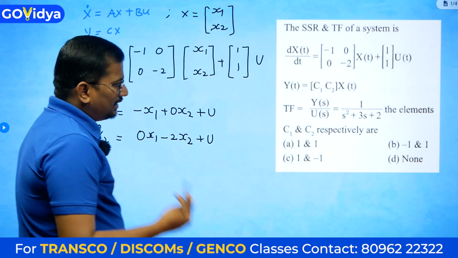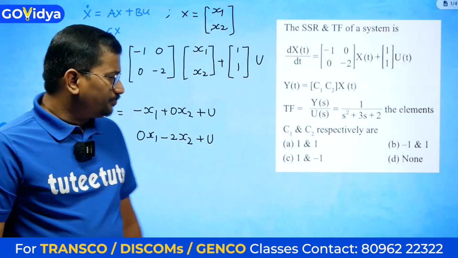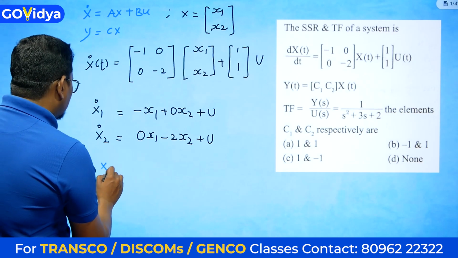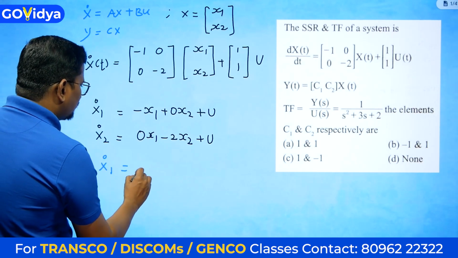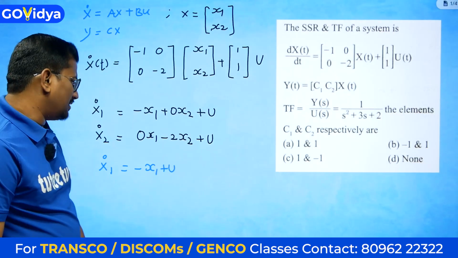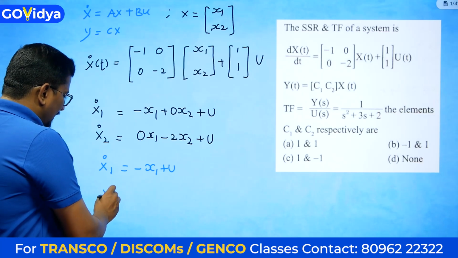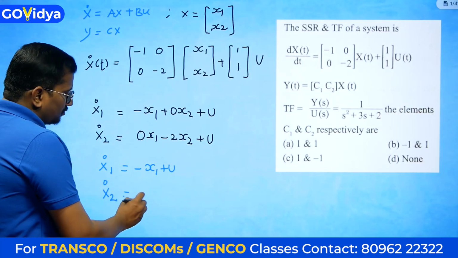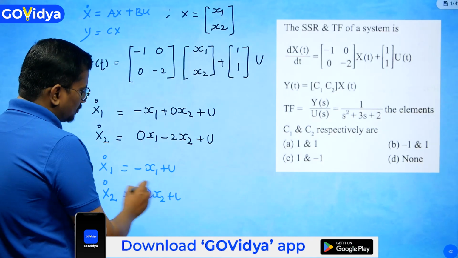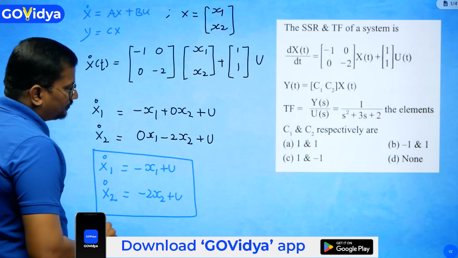So after getting these two equations, now what we have to do? We need to calculate this x1 dot, which is equal to minus x1 plus u. Now similarly x2 dot is equal to minus 2 x2 plus u. Can we say this? Just basic equations I wrote.